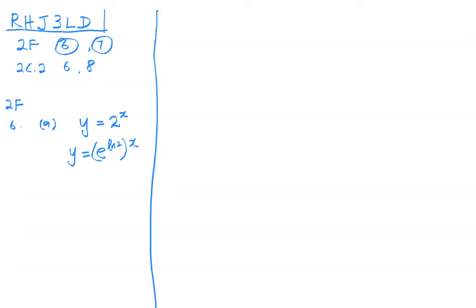So this one you will read as e to the power of ln 2 times x. Even if the question didn't tell you to substitute, all of us must have this in mind: any number can be written as e to the power of ln a.